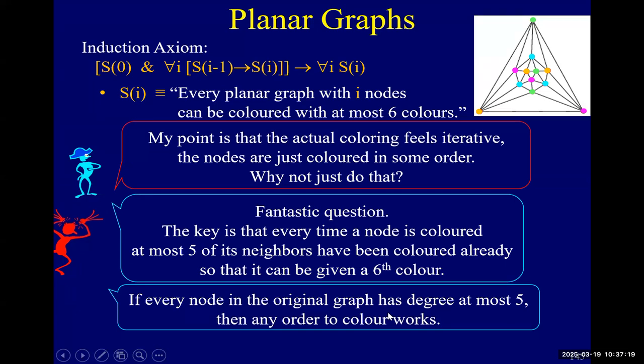Suppose the adversary doesn't give you a planar graph. Suppose the adversary only gives me a graph and promises that it has a node of degree 5, right? Can I color it?